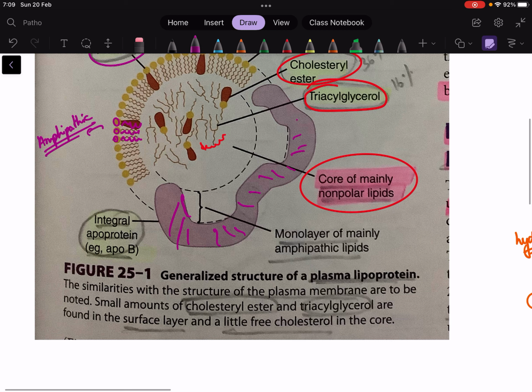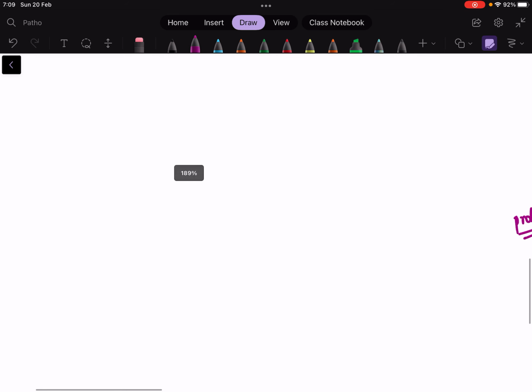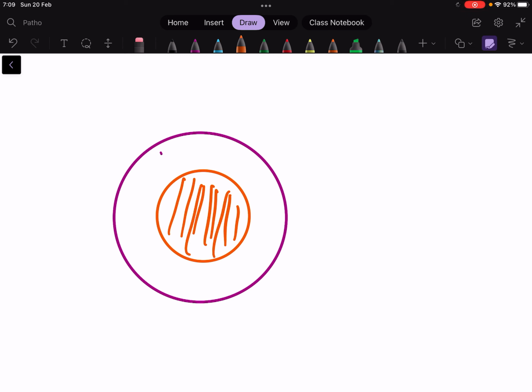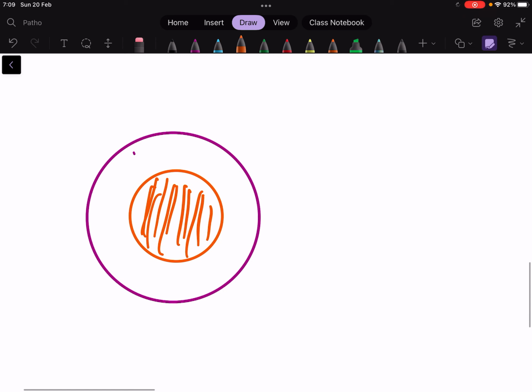Now you may be wondering, sir, what is this apoprotein? What is this integral apoprotein? What are this apo-B, apo-C, apo-A? Okay, now I will dig deeper. I already told you there is a protein shell, and inside there is a lipid which needs to be transported, because lipids are insoluble in water. So this protein has certain types of moieties.